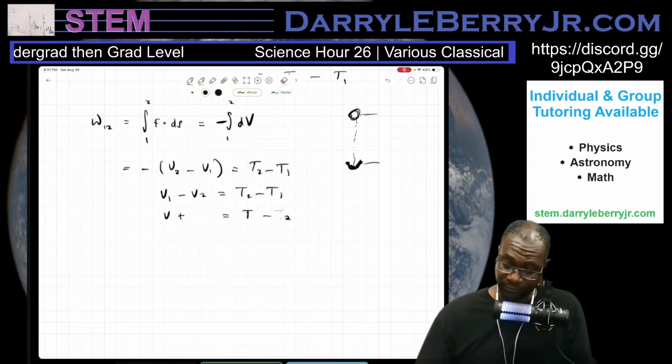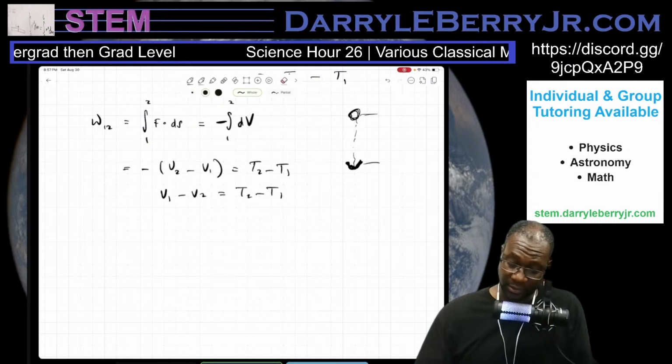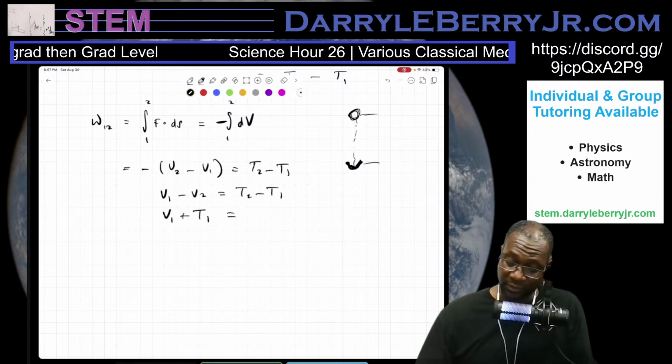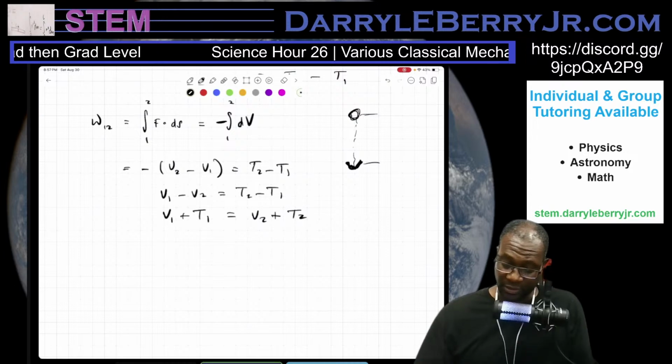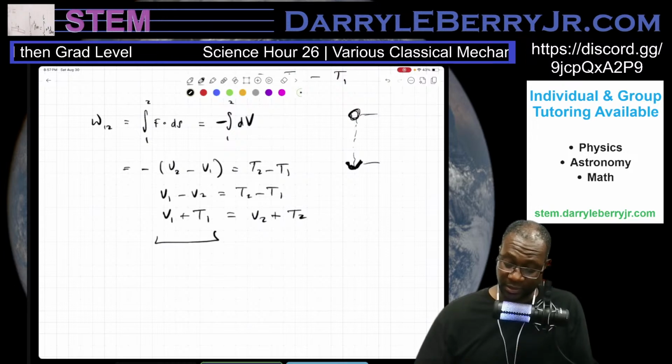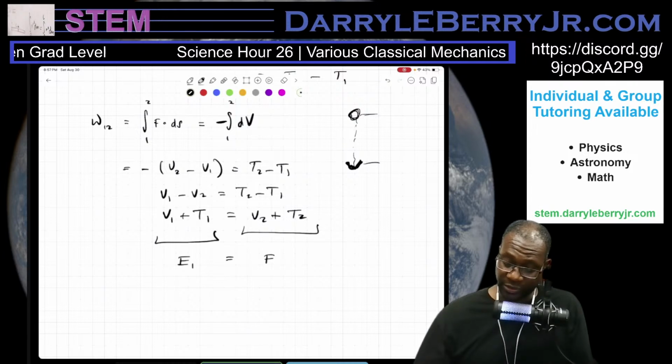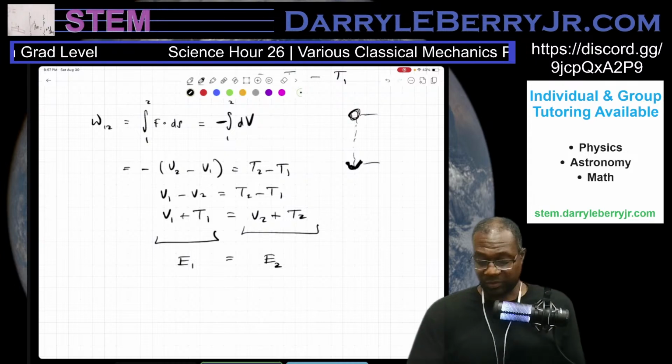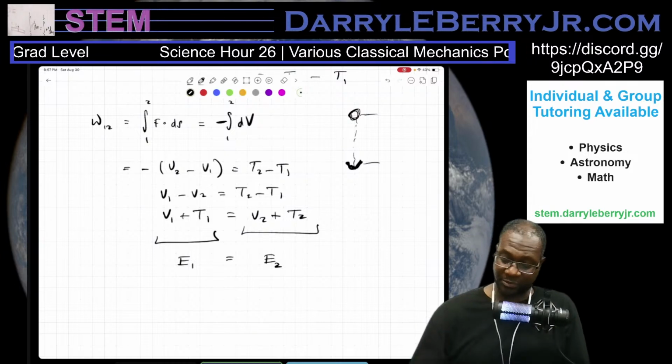Oops, I wrote that wrong. We have to say V1 plus T1 equals V2 plus T2. So what this means is the total energy at the beginning is going to equal the total energy at the end. We know that the energy of a closed system is conserved.